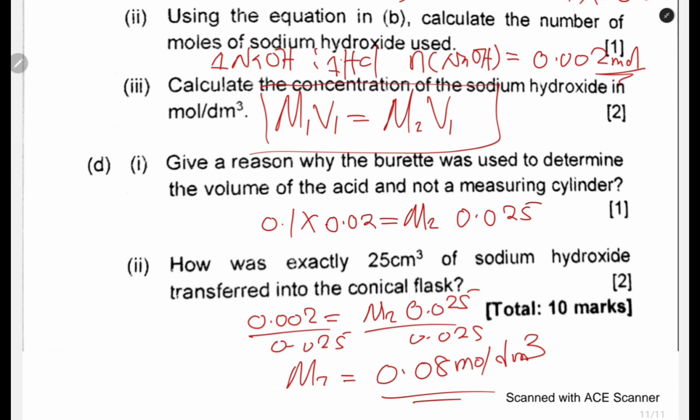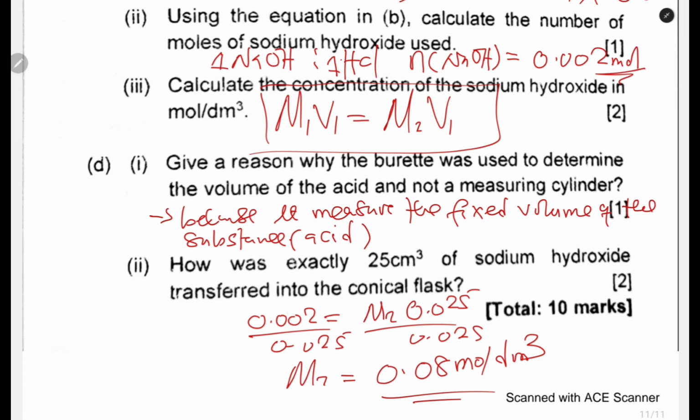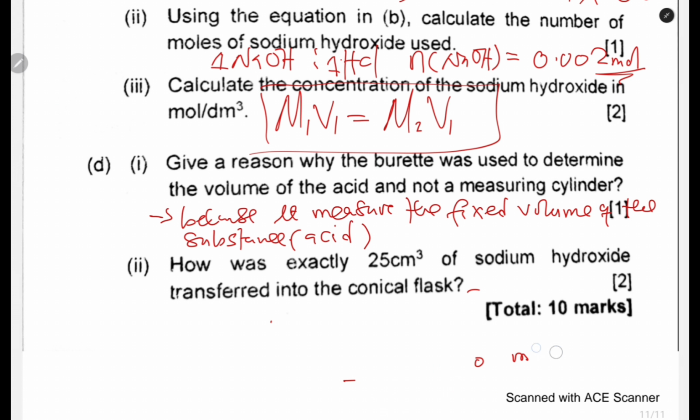Give the reason why the burette was used to determine the volume of the acid, not the measuring cylinder. How was exactly 25 cubic centimeter of the sodium hydroxide transferred into the conical flask? So using a pipette.